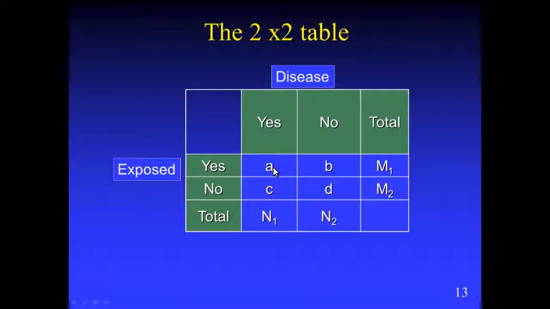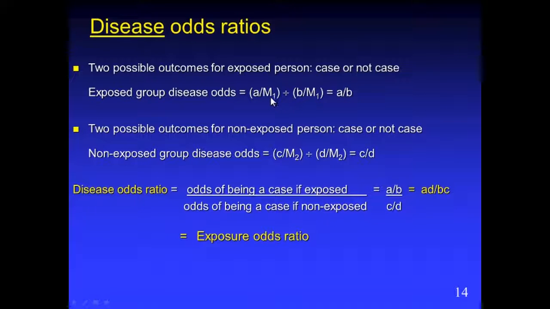So this is how we do it. We have the exposed group, and the probability of being a case in the exposed group is A over M1. The probability of not being a case in the exposed group is B over M1. So we divide A over M1 by B over M1. And again, the denominators, which in this case are the row totals, M1, just cancel out.